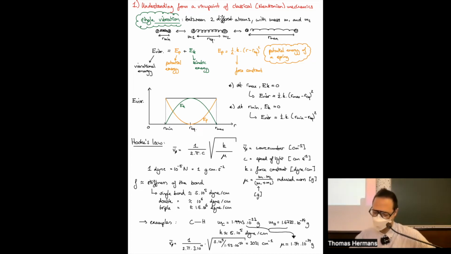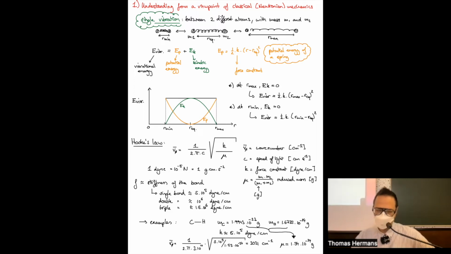It's gram squared over gram, so it becomes gram. And that makes sense because if you look at the dyne, the force constant, it has gram also here. Thank you, you're absolutely right. So reduced mass is in grams.